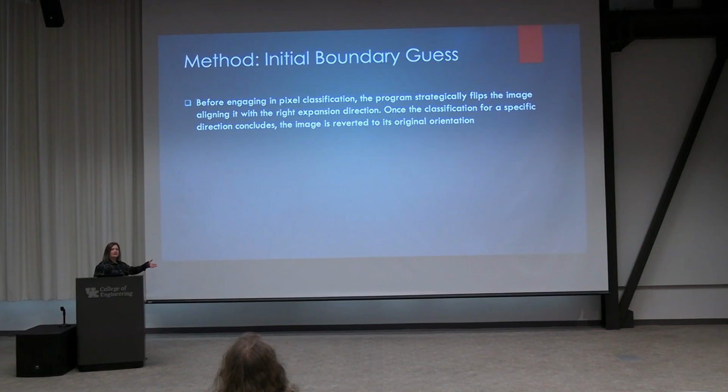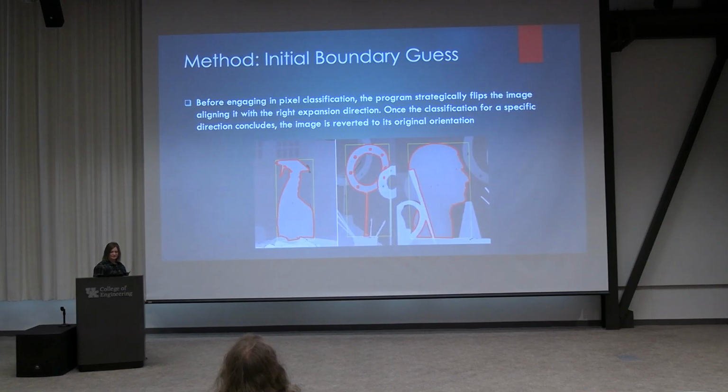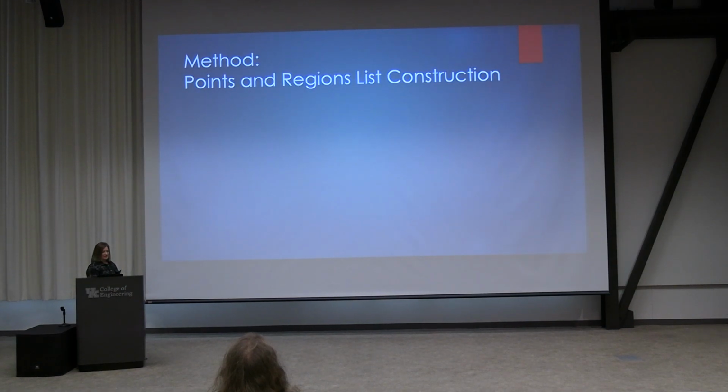Before attempting classification, we rotate the image. After classification is done, we rotate the image back to the original orientation. Here are samples of guesses of objects done with this algorithm. Then we go to the next step.